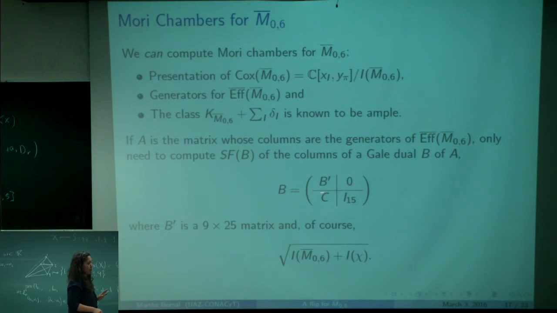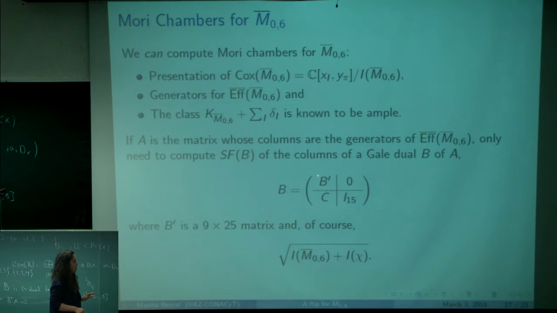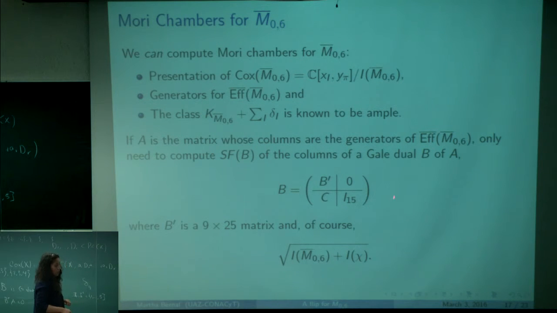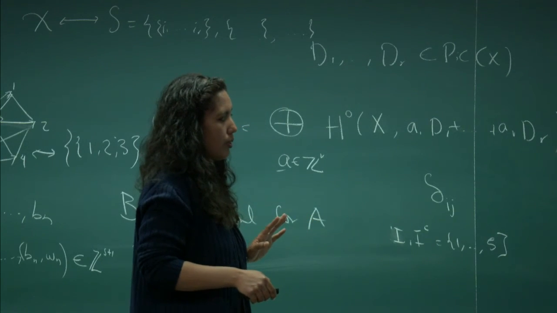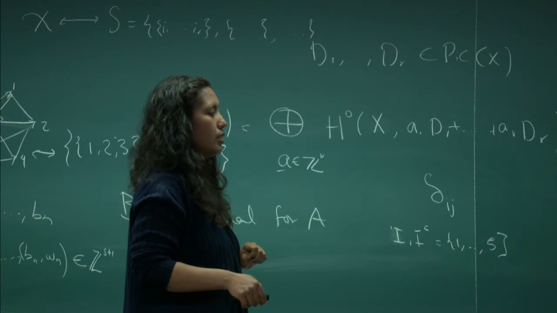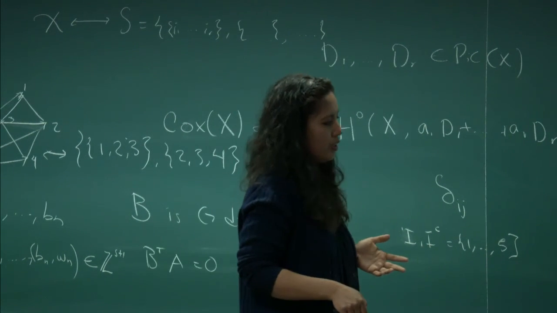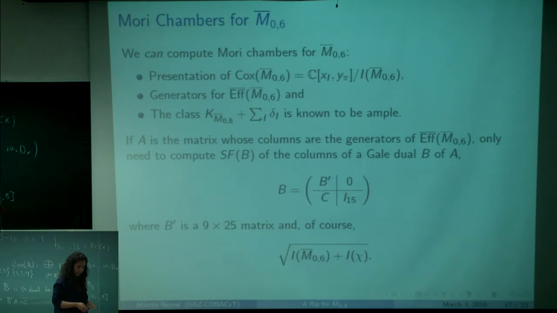B may look impressive, but it's a 24 times 40 matrix. You can make a change of basis and make this matrix the identity matrix of rank 15, 0 matrix here. This is a 9 times 25 matrix. So doesn't look that bad. We need to compute the secondary fan of this. And of course, we need to compute these radical ideals.